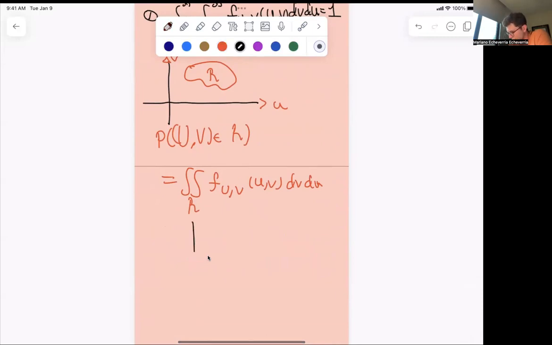So let me try to draw it like this. Here's U, here's V. So imagine that you have a value A here. Let's call them A and B to not make a mess. So I'm going to look at this semi-infinite rectangle.